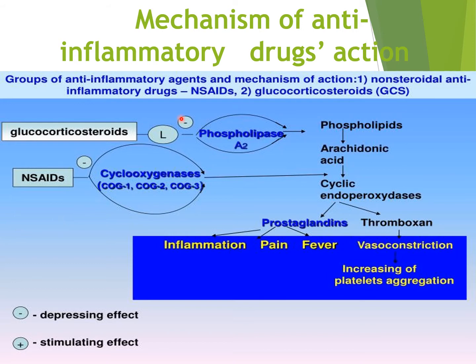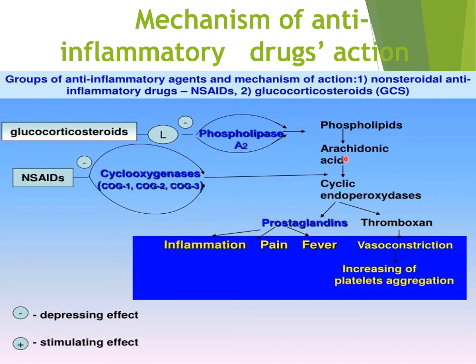So you know that the main components of the cell membrane, which are destroyed during inflammation, are phospholipids. So then arachidonic acid is synthesized from phospholipids, and the enzyme which plays the role in this is phospholipase A2.